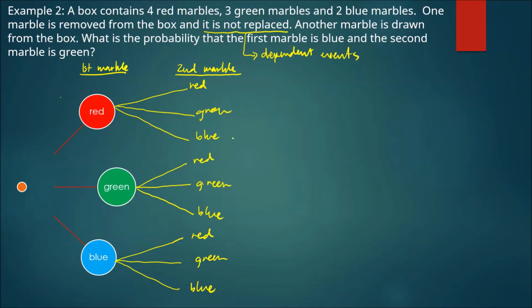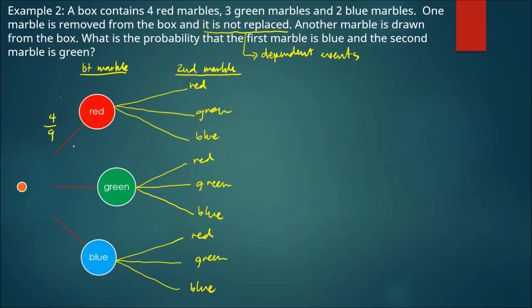So, let us analyze our probabilities. The probability that our first marble is red is, again, there are 4 red marbles and we have 9 marbles when we pick our first marble.